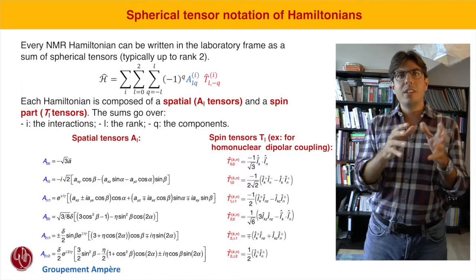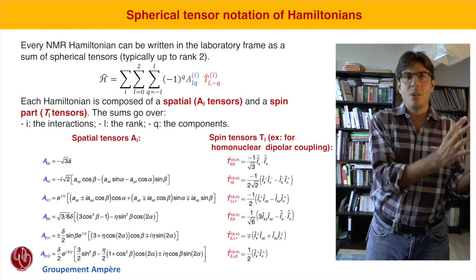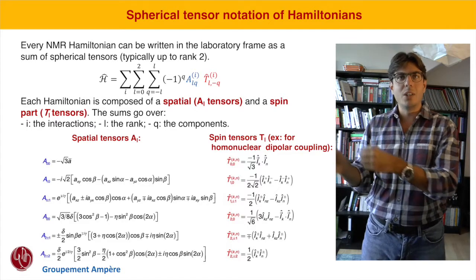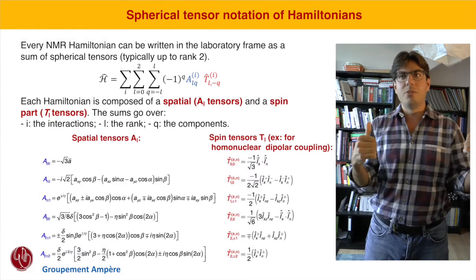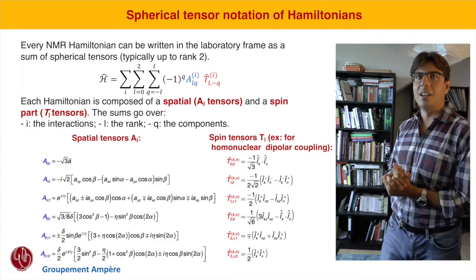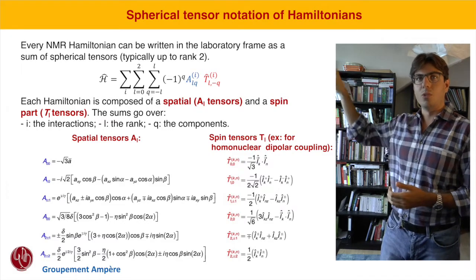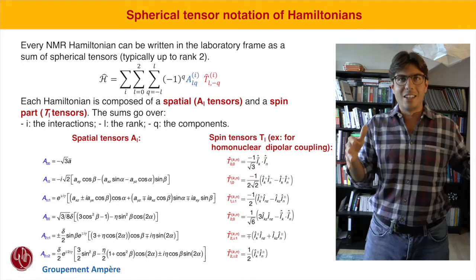So for each of these Hamiltonians, you will subdivide it. You will construct the general Hamiltonian from a sum of the individual Hamiltonians, and each individual Hamiltonian, you will separate into the different tensors of the different ranks. This is done by the second summation sign here that goes from L equals 0 to 2, where you just divide each individual Hamiltonian into its different tensors.